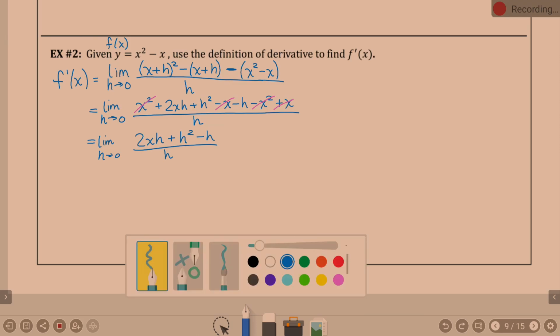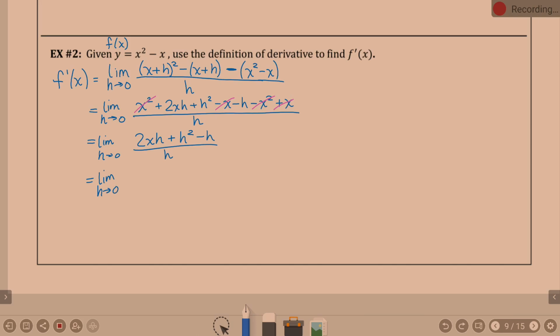If you haven't already, factor out the h on top. Then I have 2x plus h minus 1 all over h.